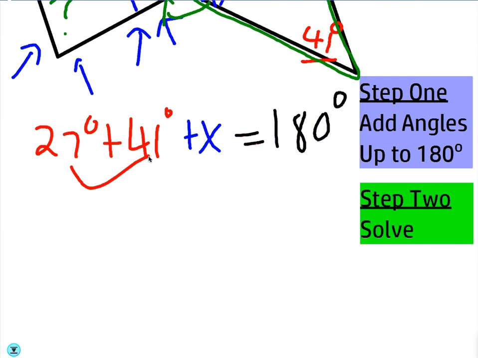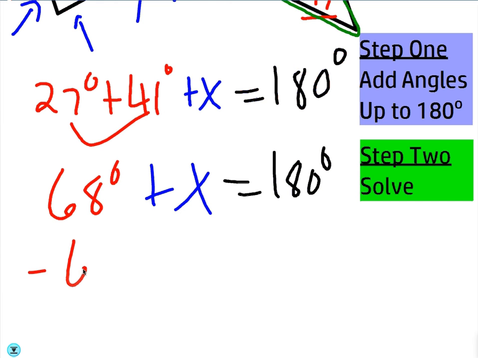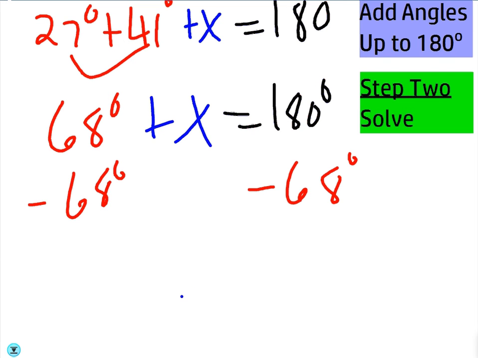Okay, so 27 plus 41 is 68 plus x is equal to 180. Okay, then I'm going to subtract 68 from both sides. And we get x is equal to, let's see, 112.